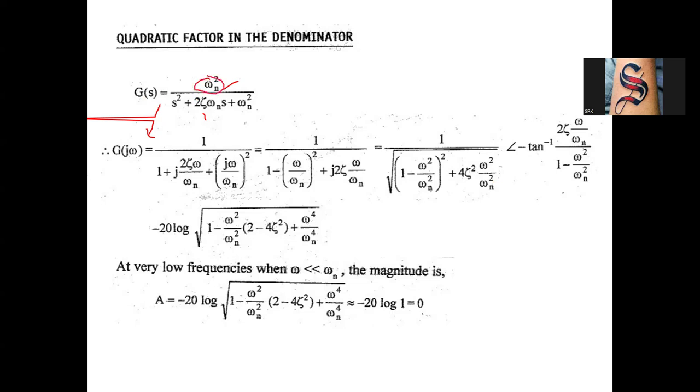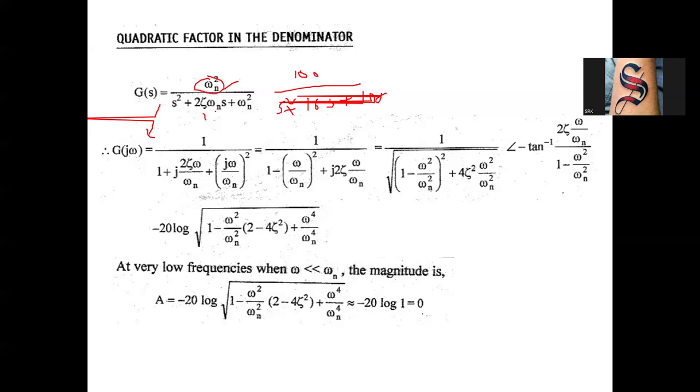For example, if I have 100 over s square plus 16s plus 100, then the corner frequency for the given transfer function is the square root of 100, which is 10. So 10 is the corner frequency which will separate the low frequency region and high frequency region.